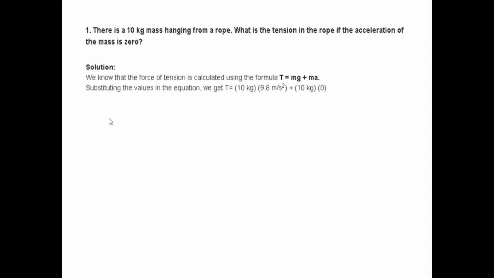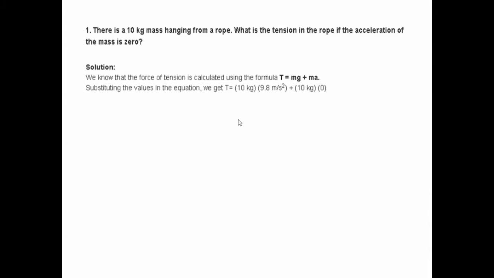Let's see an example. There is a 10 kg mass hanging from a rope. What is the tension in the rope if the acceleration of the mass is 0? That means a is 0, m is 10 kg. So, we know that the force of tension is calculated using the formula T is equal to mg plus ma.